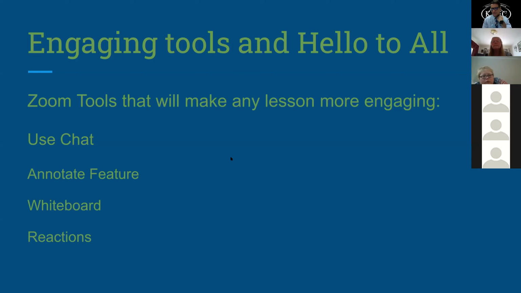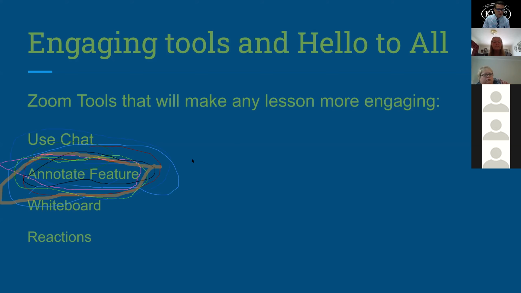Let's see if we can do that. I see someone's already done that. A lot of folks annotating and using the draw feature. Also, now out from that feature, I want you to switch and use the stamp feature, whatever stamp you want to use.